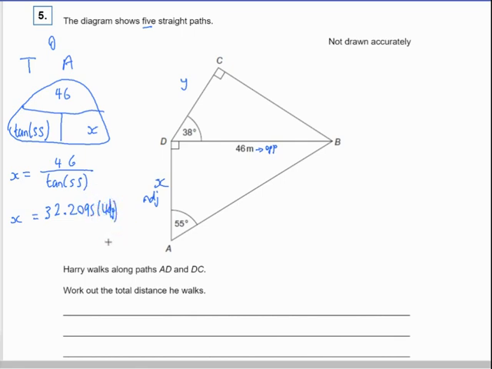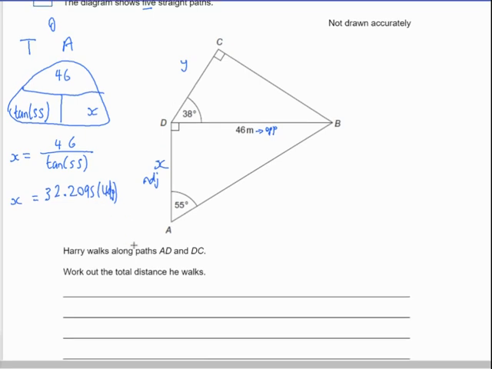That should be fine. I prefer to use the exact answer, 46 over tan 55, but for the sake of ease, this is accurate enough. I won't lose too much accuracy, so I'll go for 32.2095.